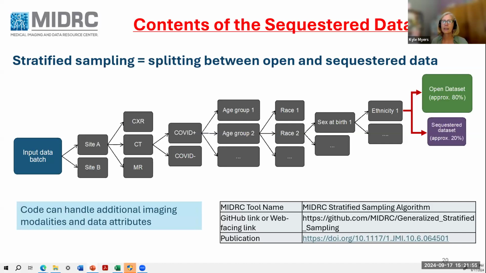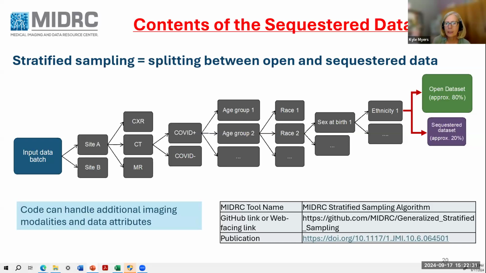It's a way of splitting data that is incoming to MIDRC between the open and the sequestered data set into sub-buckets that are split at every level to ensure that the open and the sequestered data sets are balanced. Okay, so data might come in from different sites. For a particular site, it's split by modality, by disease, by age, race, sex at birth, ethnicity, and then within each of those buckets, 80% goes to open and 20% goes to sequestered.